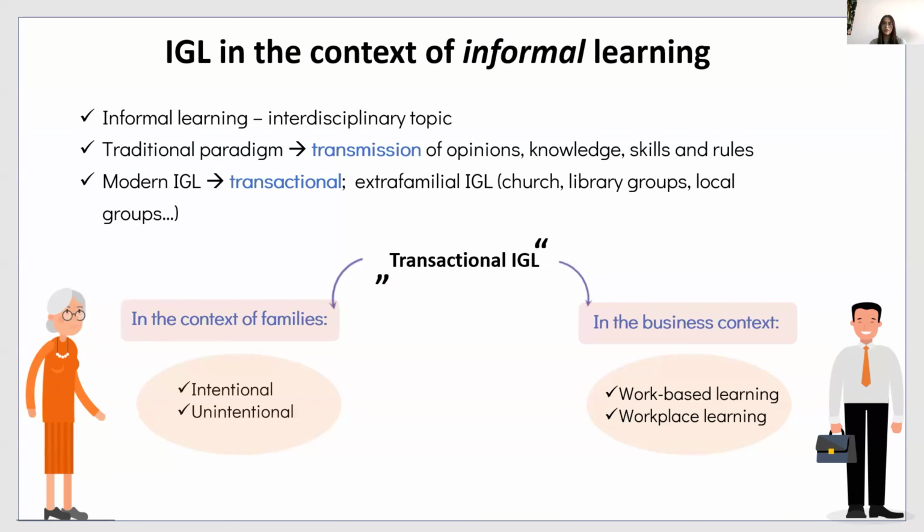In the business context, work-based learning and workplace learning entails the assignment of a mentor to a newly hired individual within a company. This mentorship relationship constitutes a component of intergenerational learning. Similar to the familial IGL, this professional form may adopt transmissive or transactional characteristics, dependent upon the quality of the relationship itself.